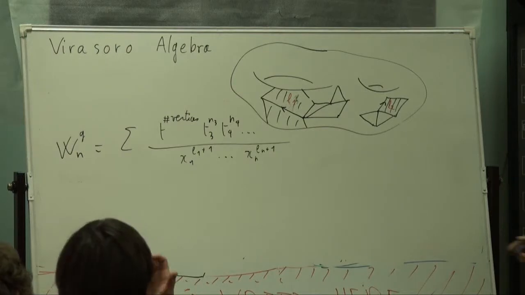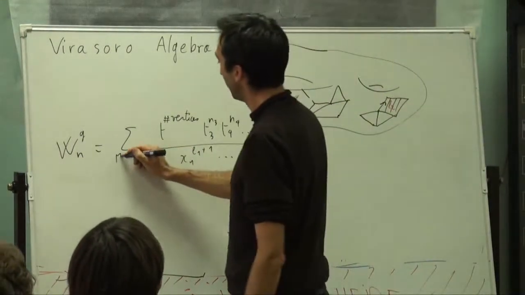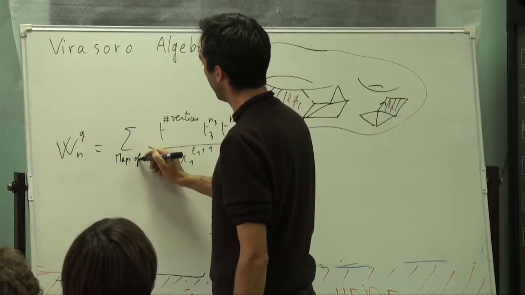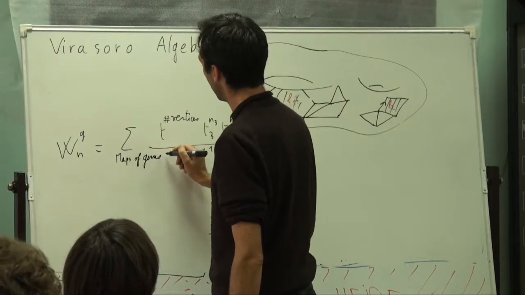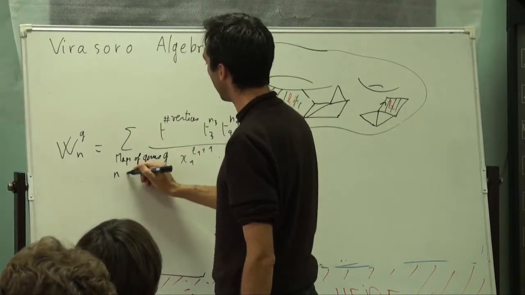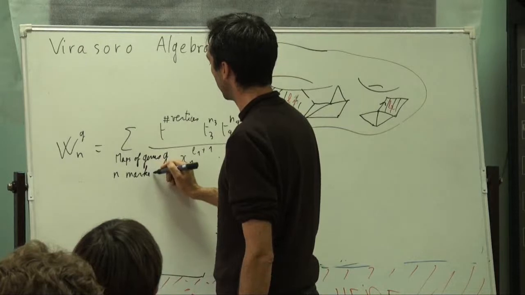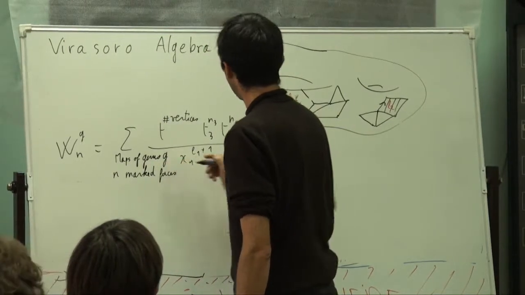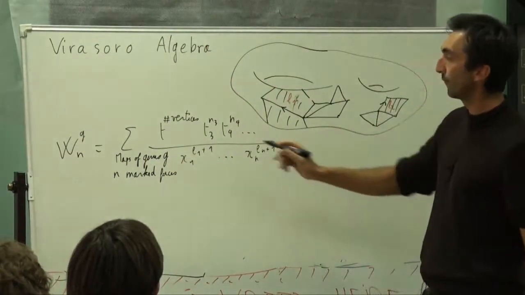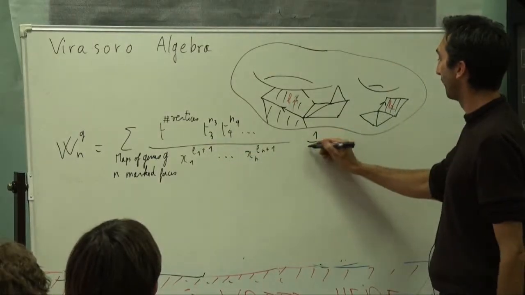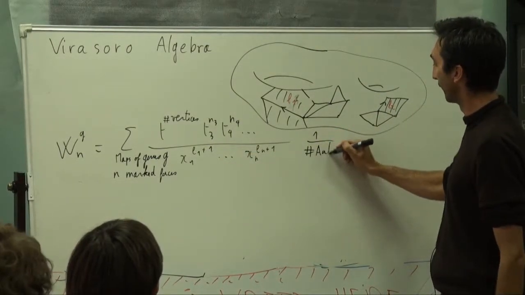Here, this is a sum over all maps of genus g and n marked faces. And in case I have no marked faces, so in case n equals 0, let me also put the number of automorphisms.